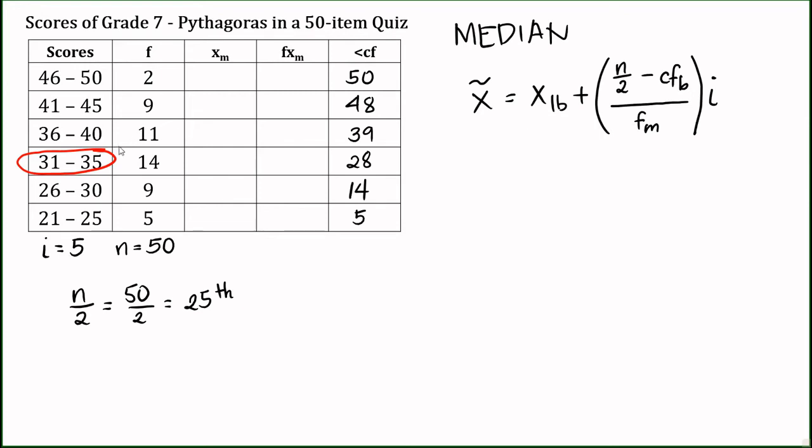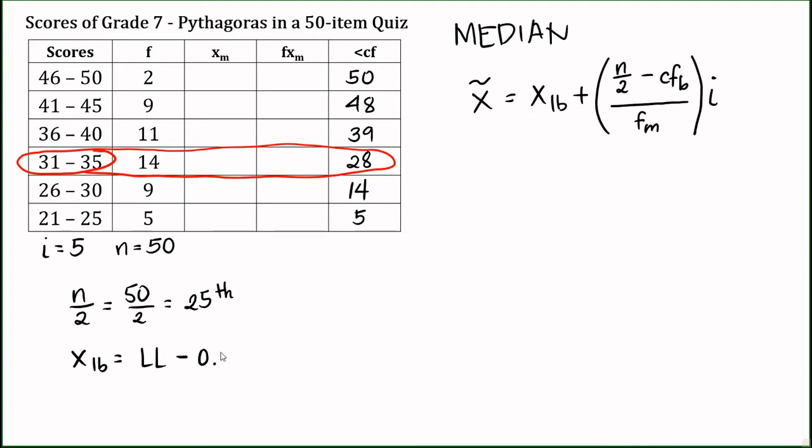Okay? So, dito kayo magpo-focus sa row na ito. Ayan. So, dito natin binase kay 28. Kaya natin nasabing si 31 to 35 ang ating median class. Now, let us find the lower boundary. Okay? So, para makuha natin ang lower boundary, we need to subtract 0.5 from the lower limit of the median class.